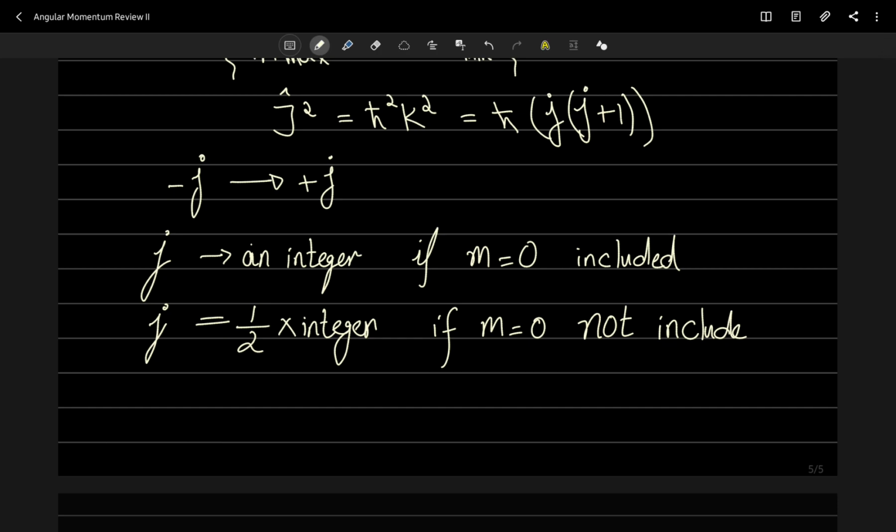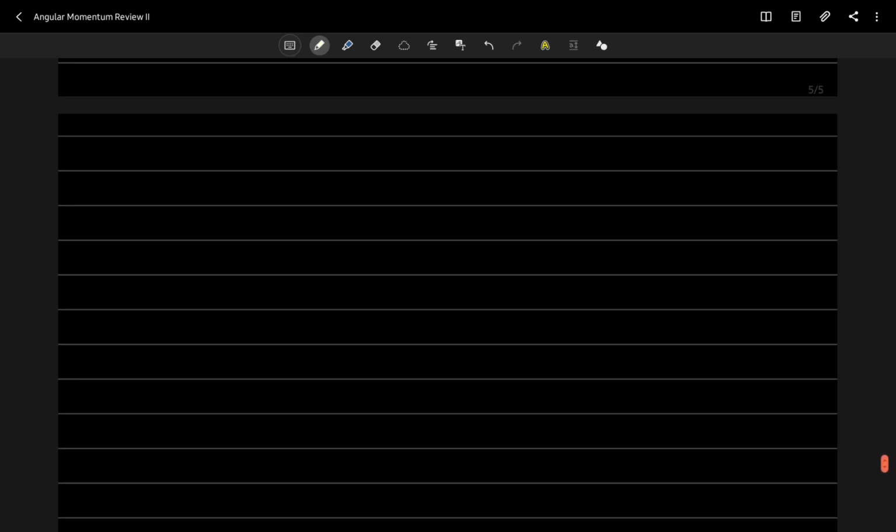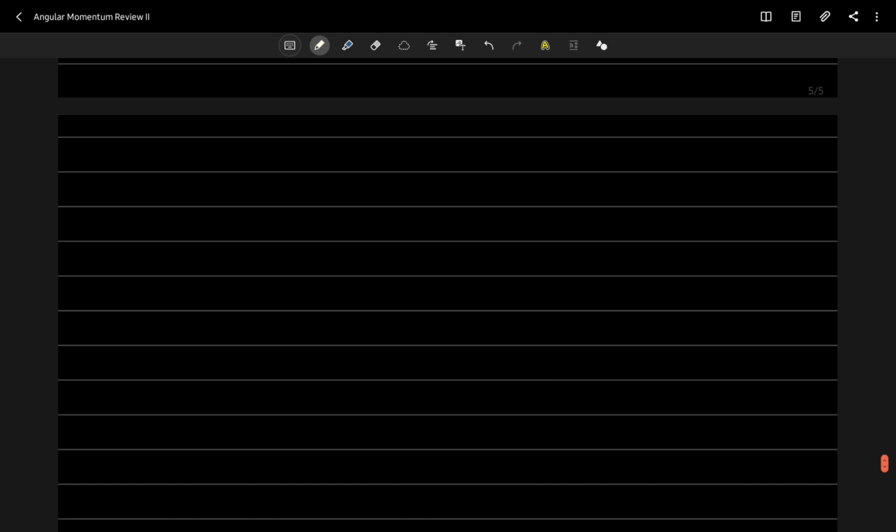Now, to digest all of this, let's quickly look at an example, right? Say that you have some j equal to 2. So the quantum number j is 2. What that means is that the number of m_j values is 2 times j plus 1. If I substitute j equals 2, I have 2 times 2 is 4, plus 1, 5, right?